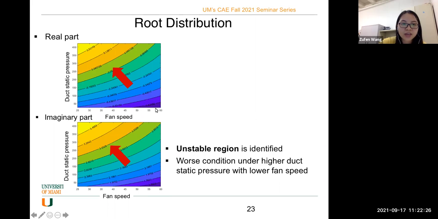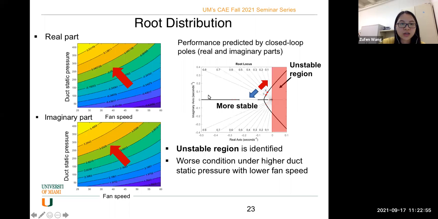We can see that as the fan speed decreases and the duct static pressure increases, the real part goes this way, the negative real part becomes smaller, and finally it becomes larger than 0. Here, the yellow, orange, and green ranges all show a real part larger than 0. Similarly, the imaginary part also becomes larger.